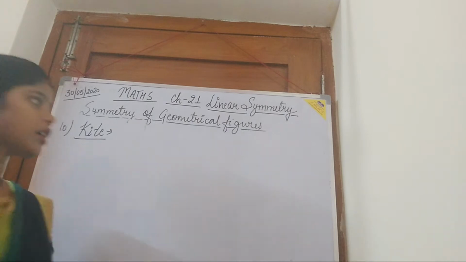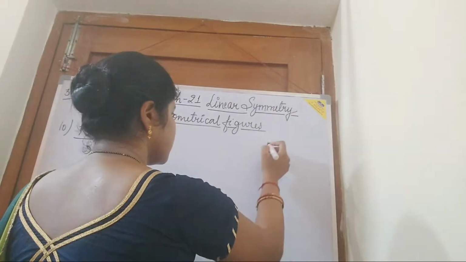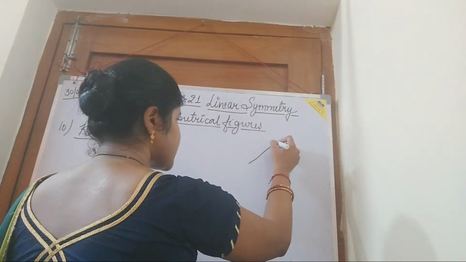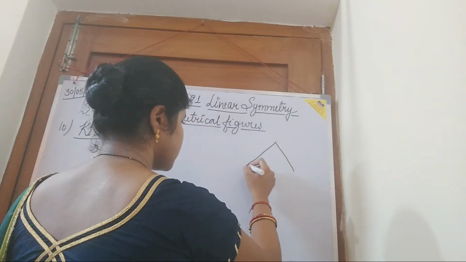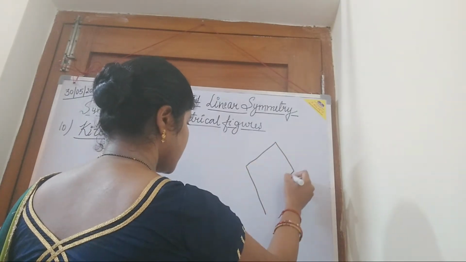In a kite, two pairs of adjacent sides are equal.